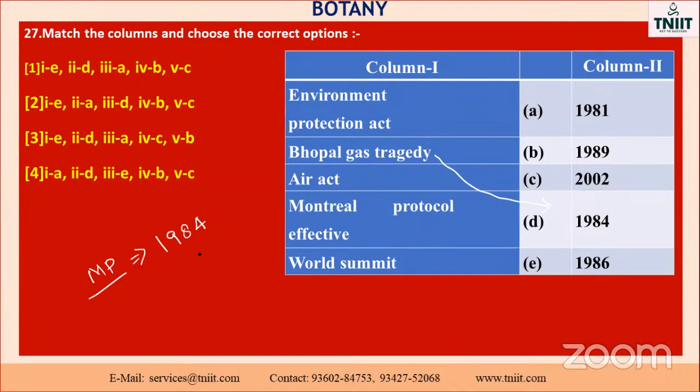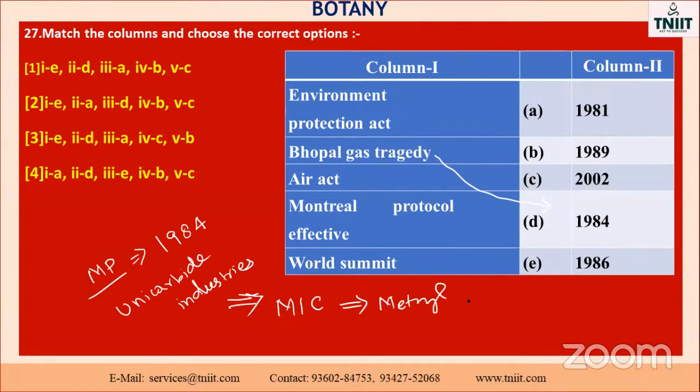What happened in Union Carbide industries? At night, what happened? Around 1, 2, 3 o'clock, I think, maximum midnight. MIC gas was released, it leaked. Methyl isocyanate.